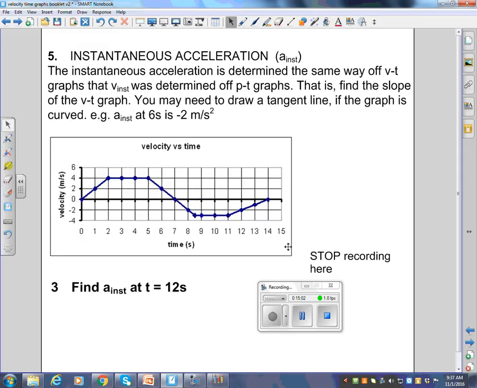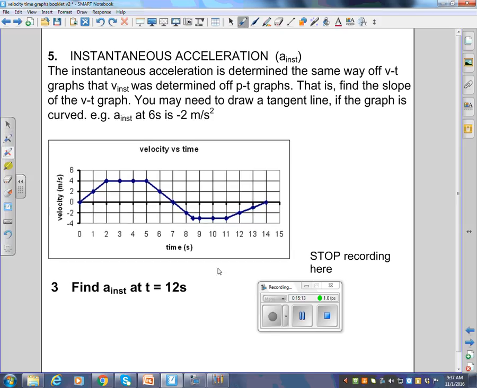What about instantaneous acceleration? How do we do that? Again, acceleration is the slope of the velocity time graph. So at 12 seconds, what is the slope?